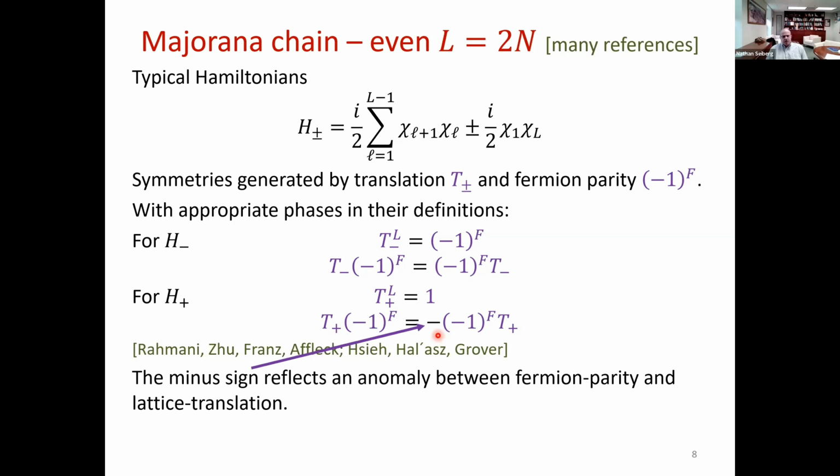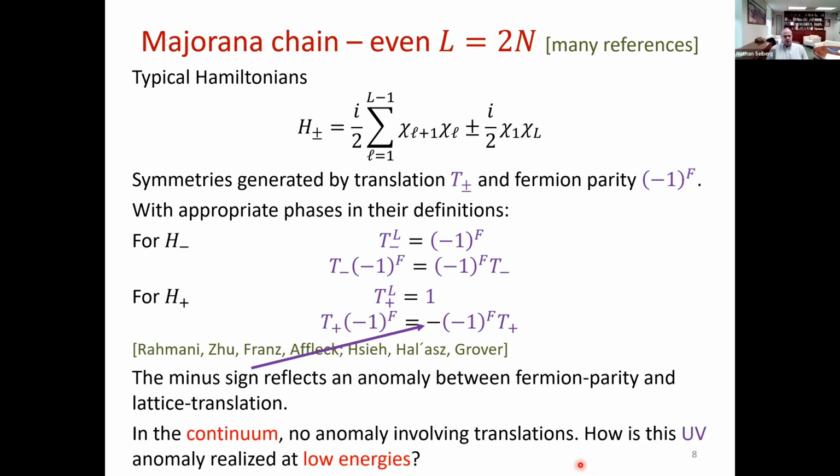This minus sign can be thought of as an anomaly between fermion parity and lattice translation. That by itself is already a little bit surprising, because we have this obvious symmetry of lattice translation and -1 to the F. But now we see that the algebra they satisfy has this minus sign, so the algebra is realized projectively.